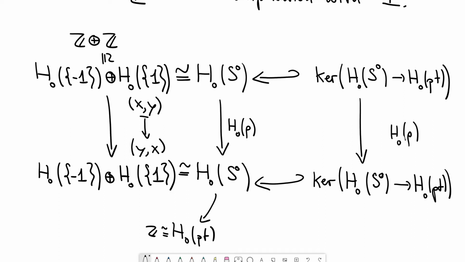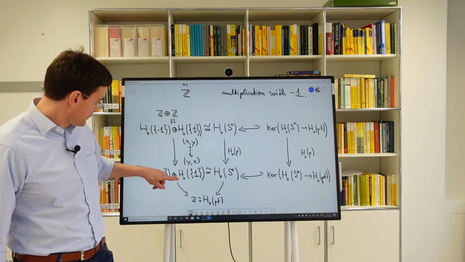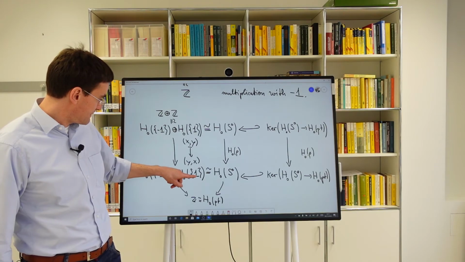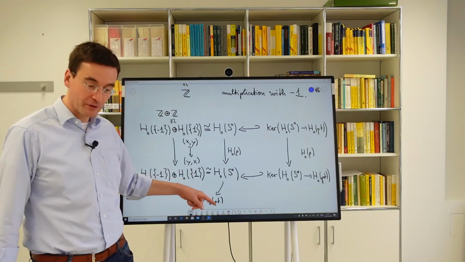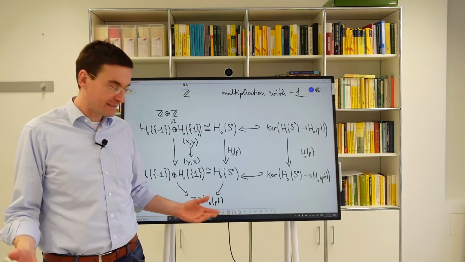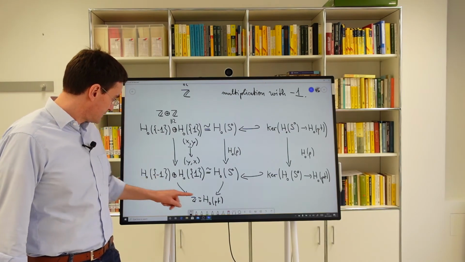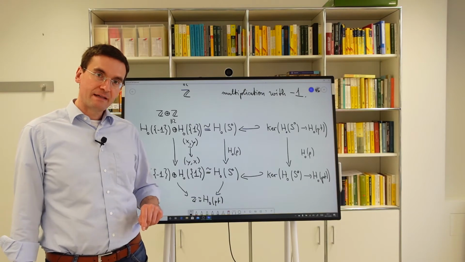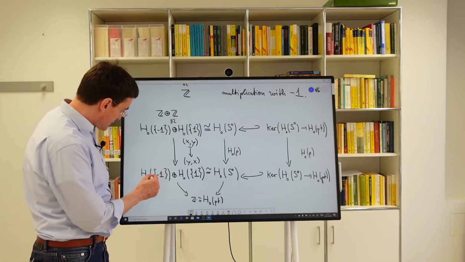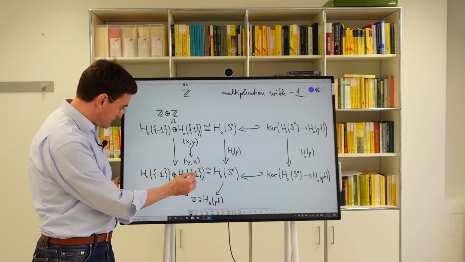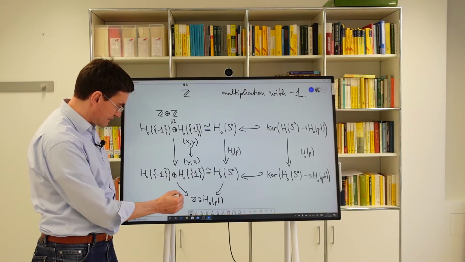So this map is on this level induced by the map from the one-point space to the one-point space, which is basically the identity, and here also from minus 1, the one-point space, to this one-point space. And therefore, on each of these Z copies, it's just the identity.